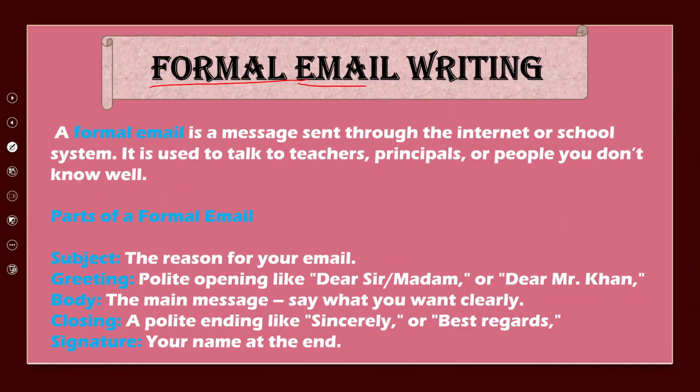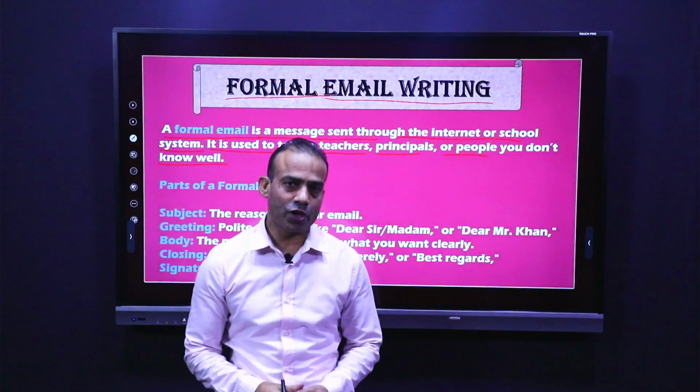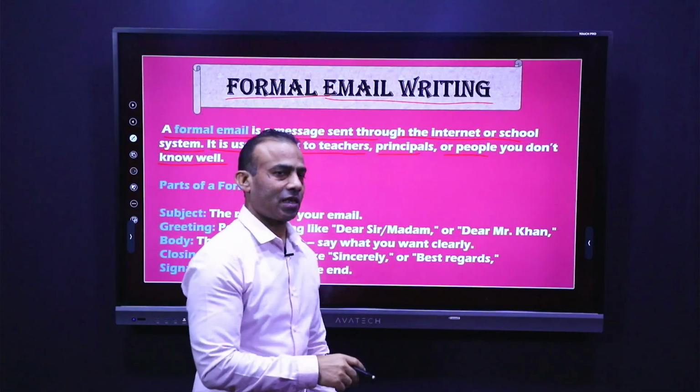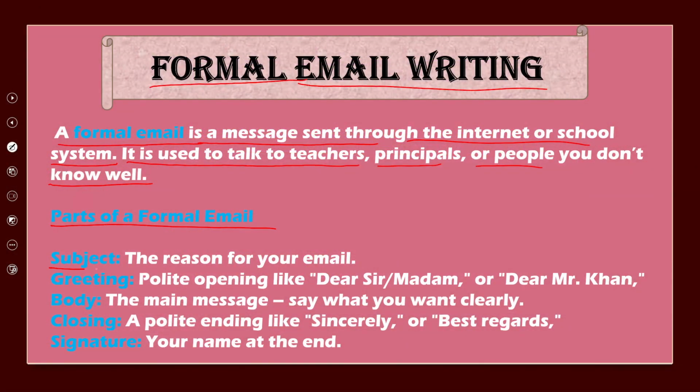Formal email writing. A formal email is a message sent through the internet or school system. It is used to talk to teachers, principals, or people you don't know well. So it is clear when we read these lines. Parts of a formal email. First of all, subject: the reason for your email.